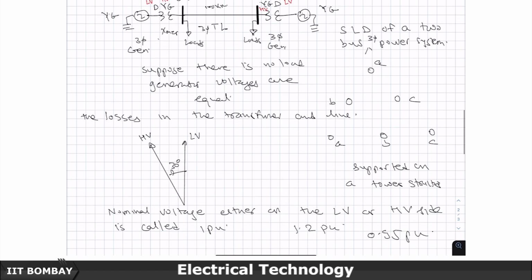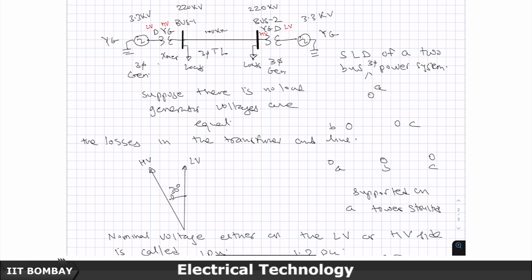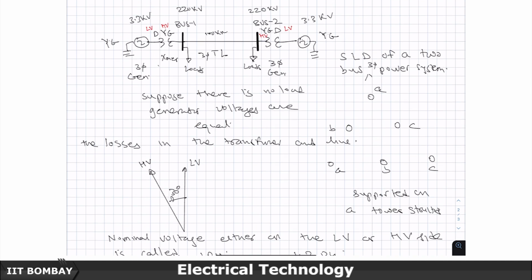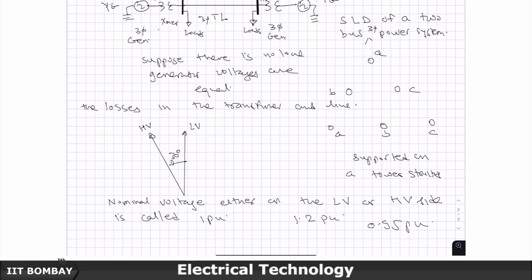Now, once I fix that this is the way I want the interconnection of transformers to be done, you have your delta-stars and you have a complication that circulating currents can flow. These currents which I just discussed are called circulating currents. They are not delivering any power to the load, they are not directly going from source to sink, but they are just circulating even in an unloaded system, and this creates a problem. And so you fix this convention that the HV should lead LV by 30 degrees.